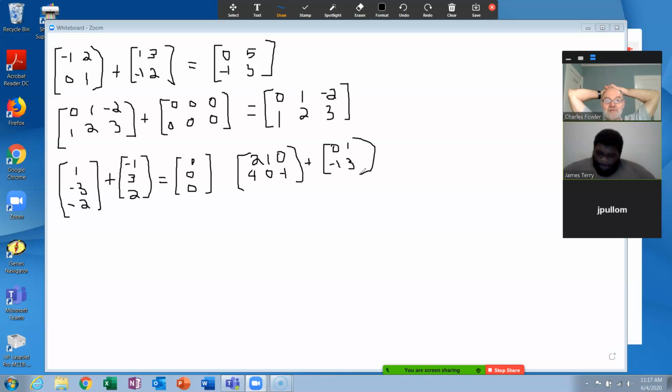Trick question. It's not the same size. So not the same size. You cannot possibly add those two matrices together. This matrix addition is completely undefined. You can't do it because they're not the same size. You're absolutely right. That is an undefined problem, an ill-posed problem. You can't do it.